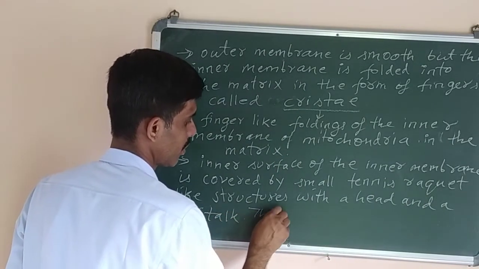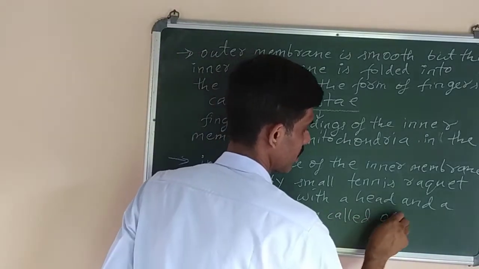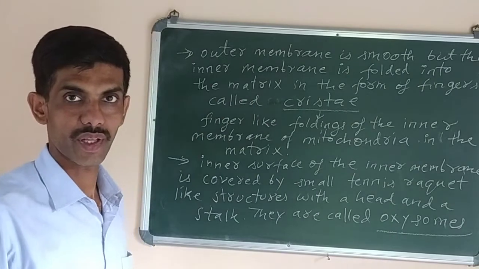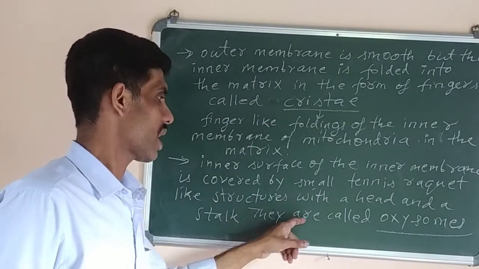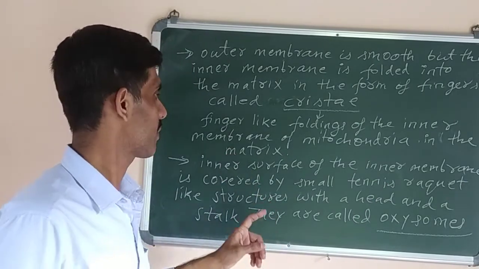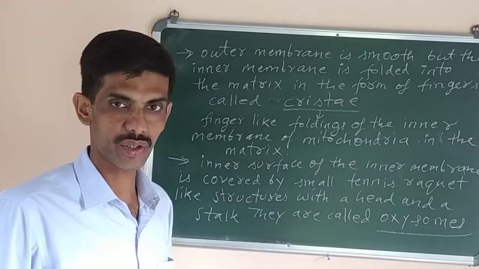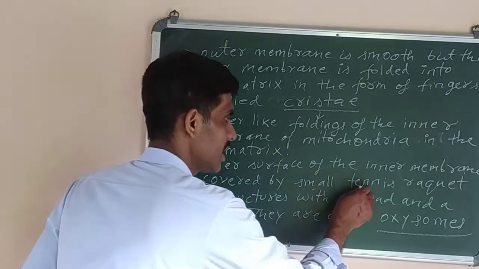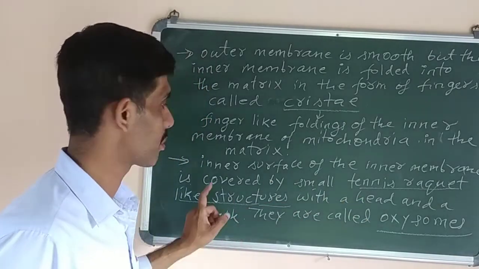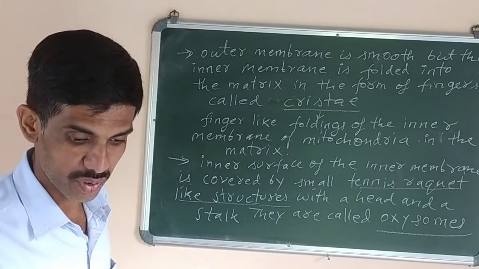They are called oxysomes, not peroxisomes. If it is asked what is oxysomes? Oxysomes are the tennis racket-like structures with a head and a stalk present on the inner surface of the inner membrane of mitochondria. And what do they contain?